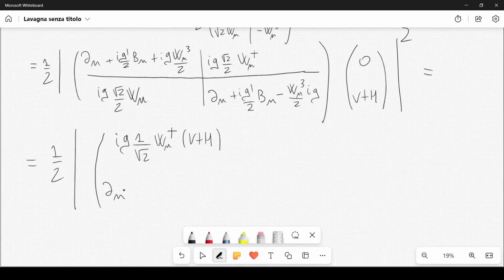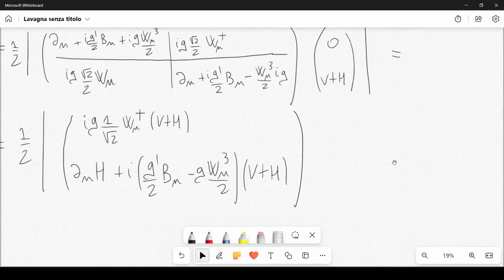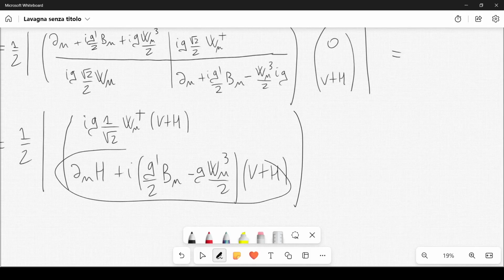So we have d mu h plus I g prime over 2 b mu minus g w mu 3 over 2 times v plus h, and this is the vector. So the first entry is this one, whereas the second entry is of course this one here.